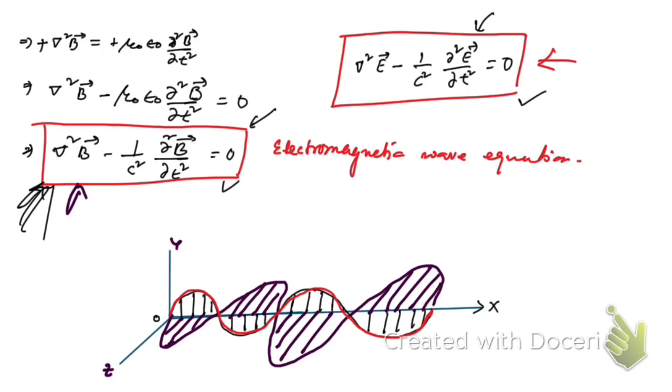So one wave is oscillating this way, vertically up and down, and another is horizontally right and left, right? So hope you have understood this. So if we write the solutions of these equations, we know the solution of this kind of equation, or equation of this form of wave, can be written as E vector E naught, that represents amplitude, right?